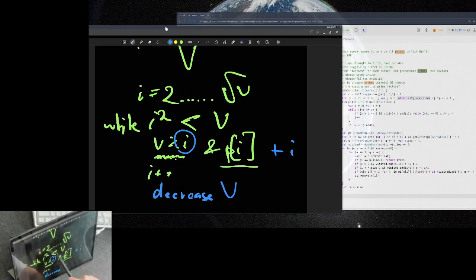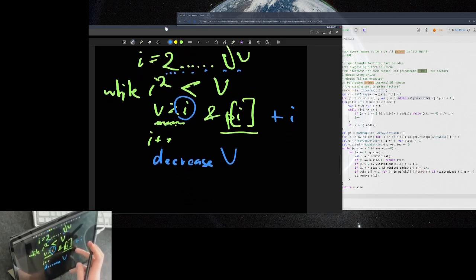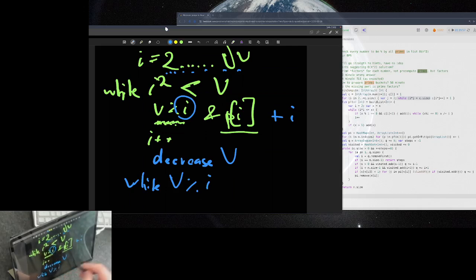So instead of just checking all the i's for this range, we are shrinking this range by v while v is divisible by this prime. We are shrinking it to the smallest value, so v divided-equal by i.